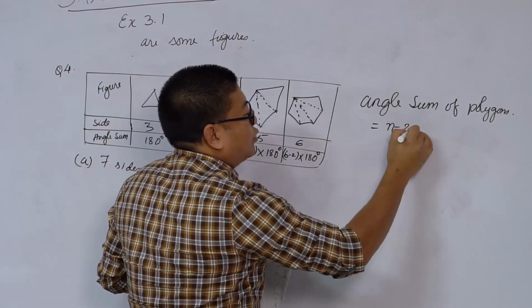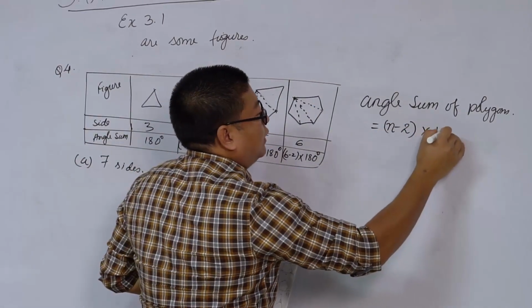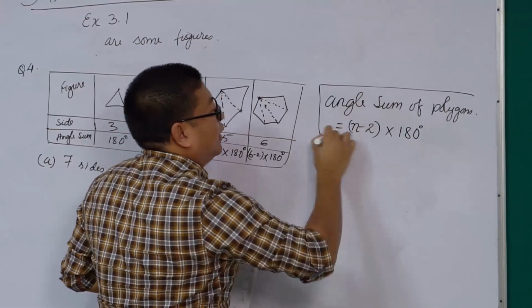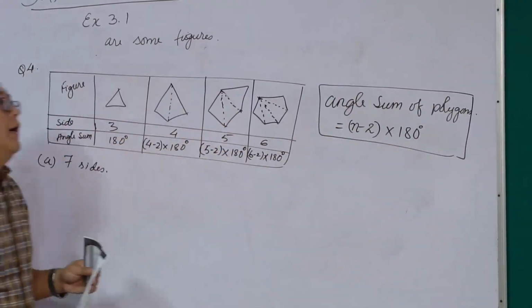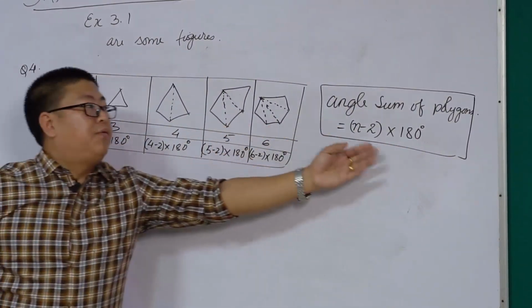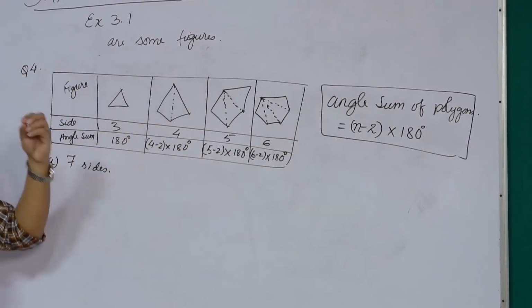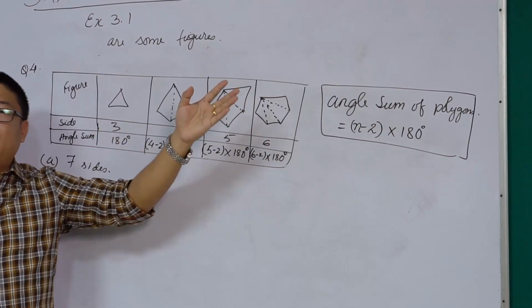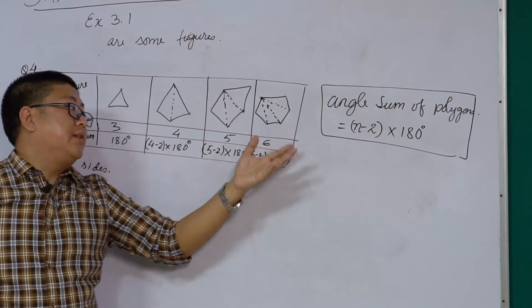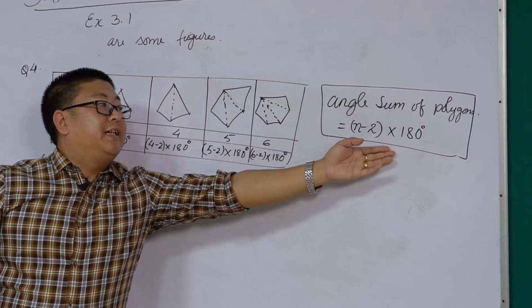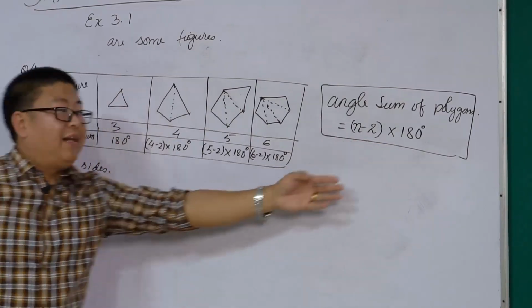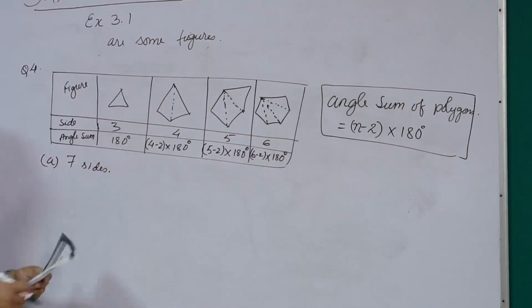So n minus 2 into 180 degrees. Kindly note this. With this formula, we can find the interior angle sum of polygons of any number of sides. It can be 1,000 sides, it can be 100 sides. As long as you have this particular formula, you can easily find the angle sum of the polygons.